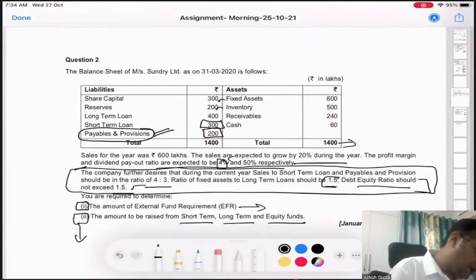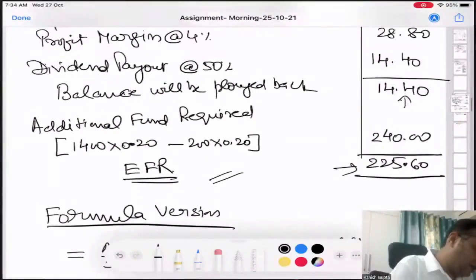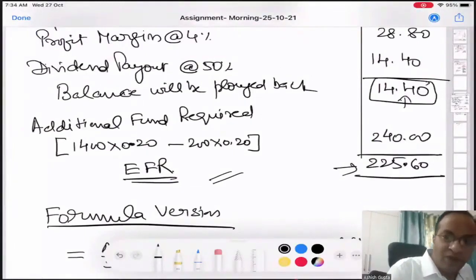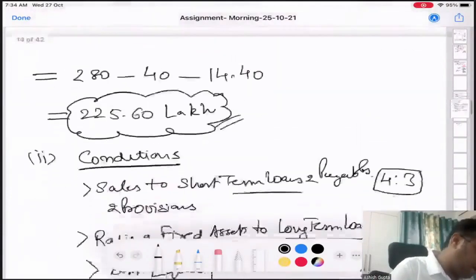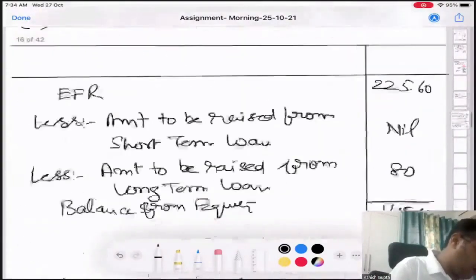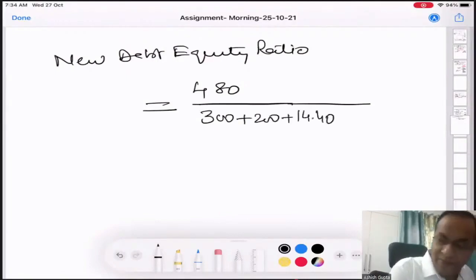And this is our addition 1440, because it is part of our retained earnings. Now let us see. So we put each and every item: 300 equity, and this is our 200 retained profit plus 145.60.